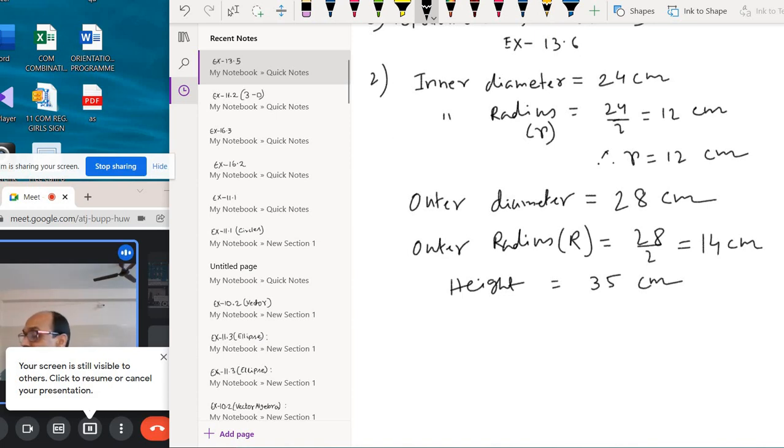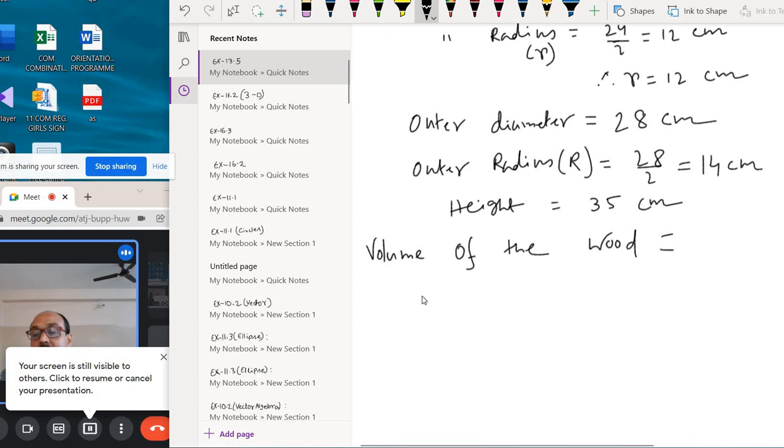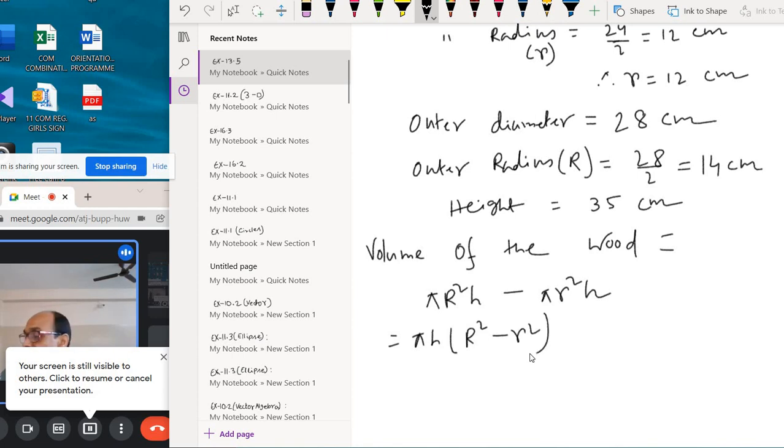So first you have to find the volume of the wood. The formula is the outer volume, pi capital R square H, minus the inner volume, pi small r square H. So this is equal to pi H into R square minus r square.